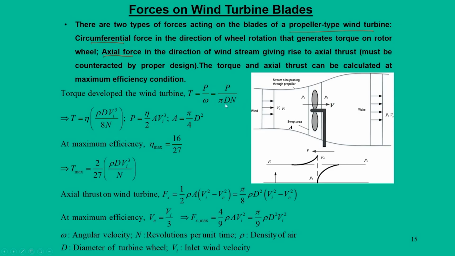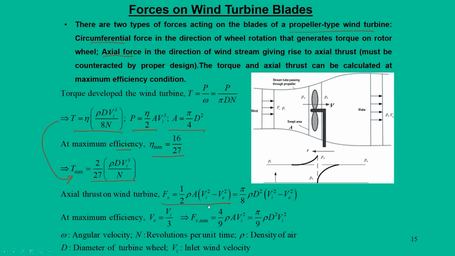It can also be represented in terms of the RPM of the rotor. The torque can be expressed in this way, because we know the power term and we know the area. Now, at maximum efficiency, that is eta max equal to 16/27, the maximum torque can be simplified with this number.